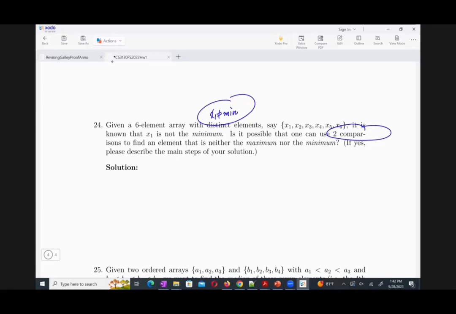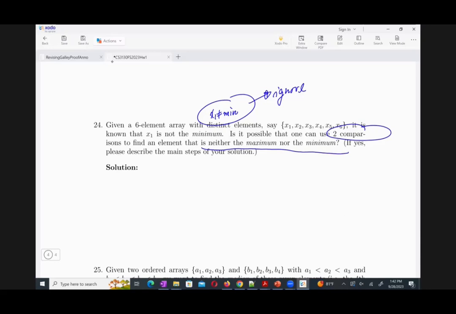For the 6-element array, if we ignore this condition, and we want to find one element that is neither the maximum nor the minimum, using that solution, 3 comparisons, we can find one.